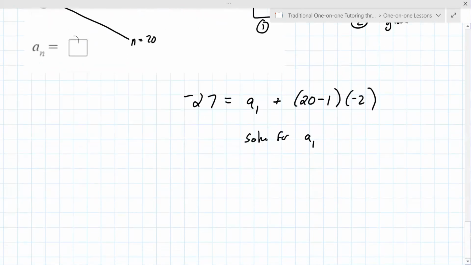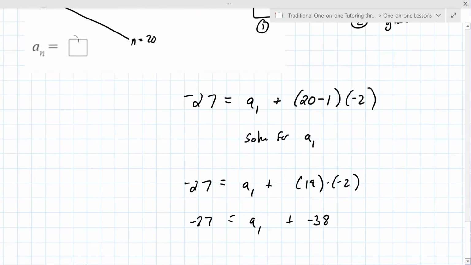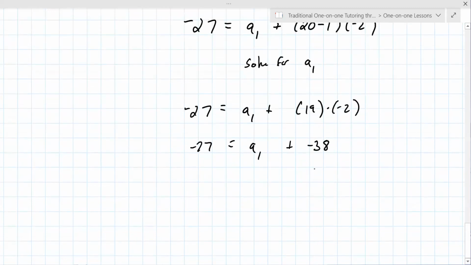I am always trying to give you the path of least resistance, but unfortunately, there's not much you can do. Right. So here you have to add 38. And you can add and do the multiplication in Desmos, but there you go. There's your a1.